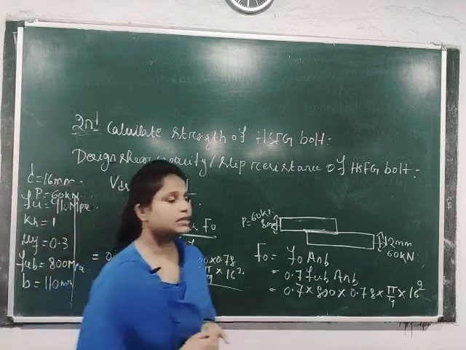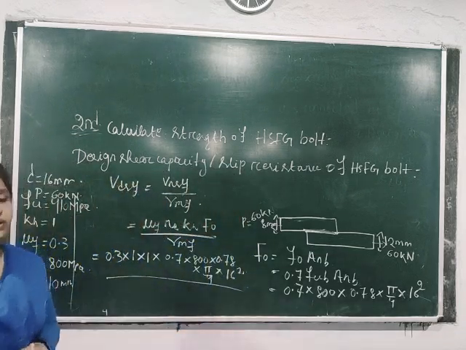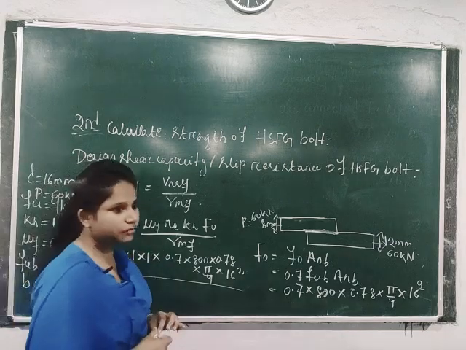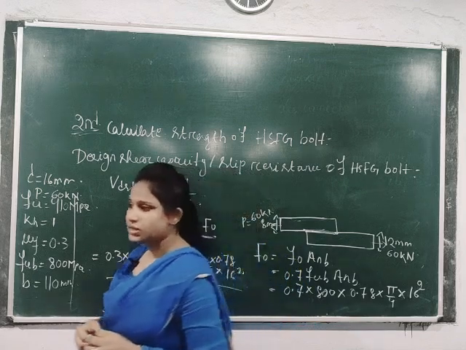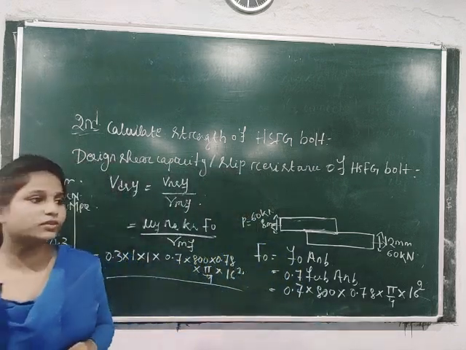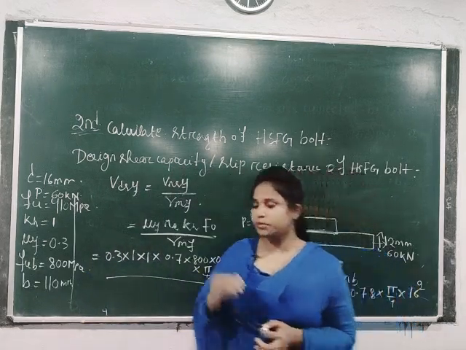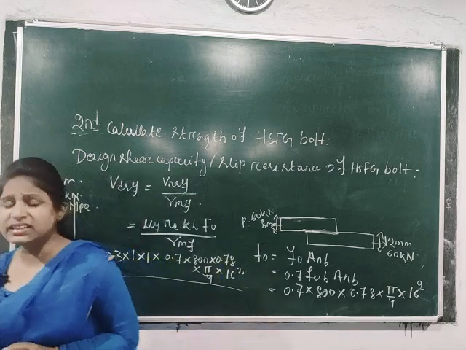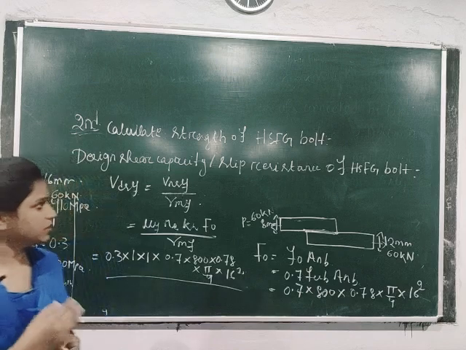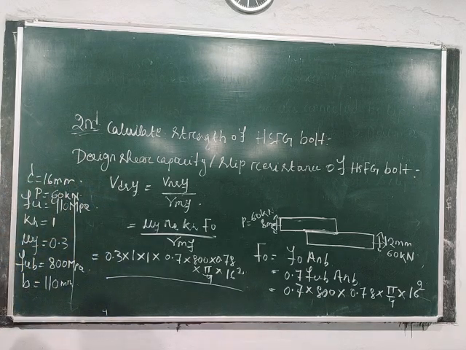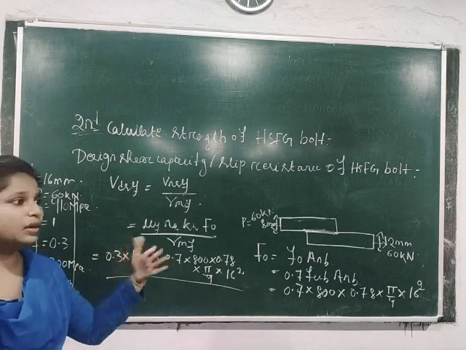One condition is if the no slip condition is designed at service load, then the value of gamma mf is 1.1, and if the no slip condition is designed at the ultimate load, then the value of gamma mf is 1.25. But here it is only given that no slip is permitted. It is not mentioned whether the no slip is permitted at service load only or at the ultimate load.